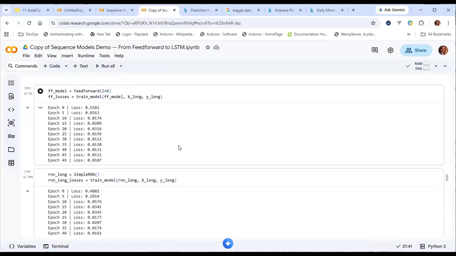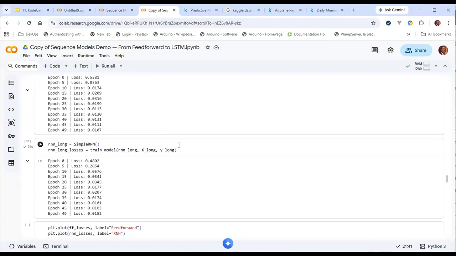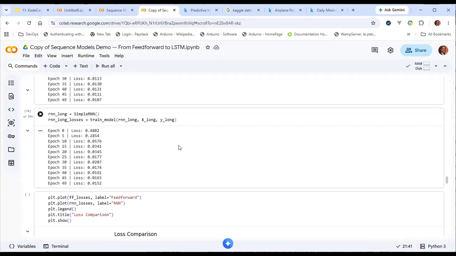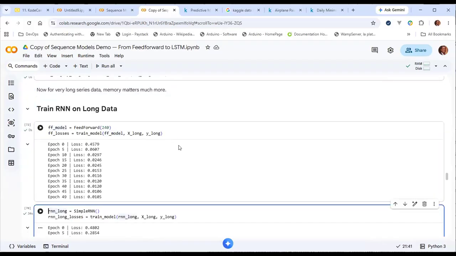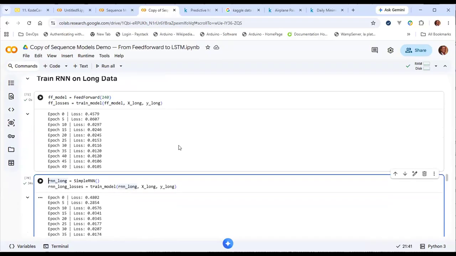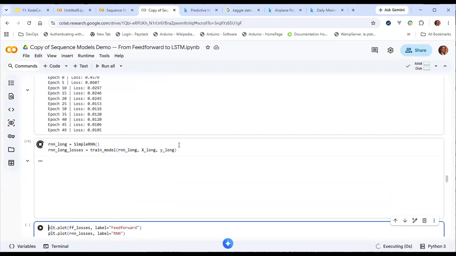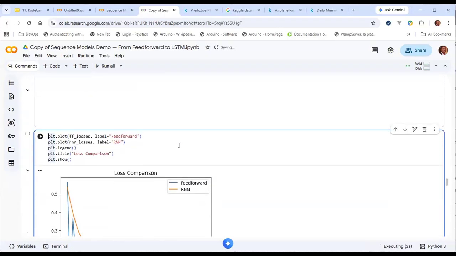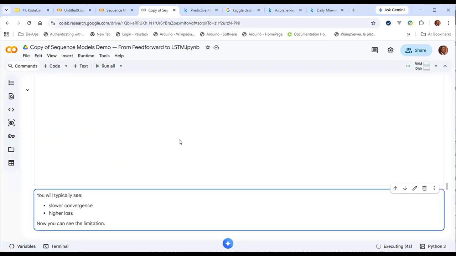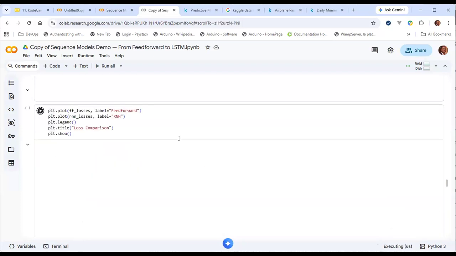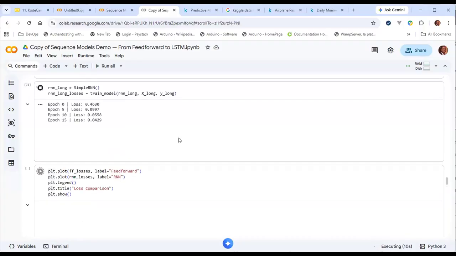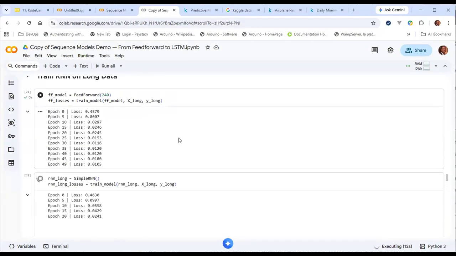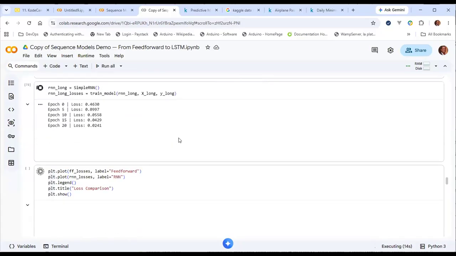So with much longer sequence length, RNN, the interesting thing is I still see that the feed-forward network is still better than the recurrent neural network.